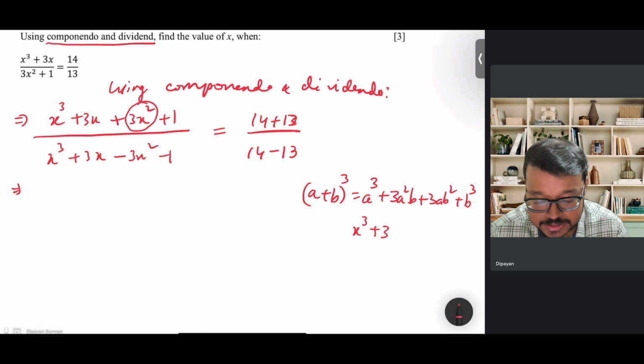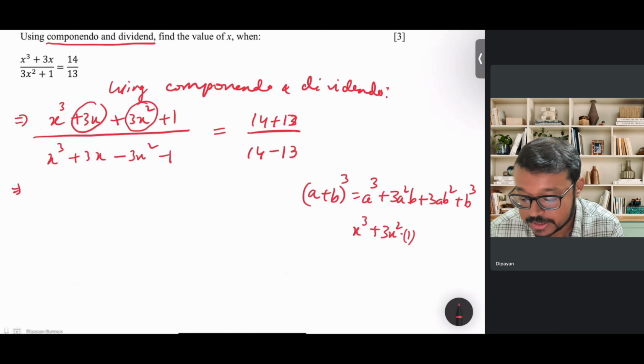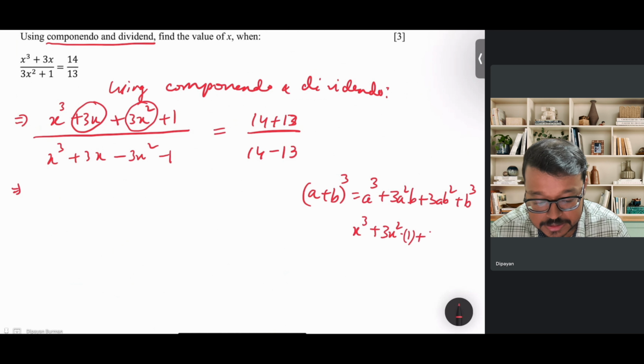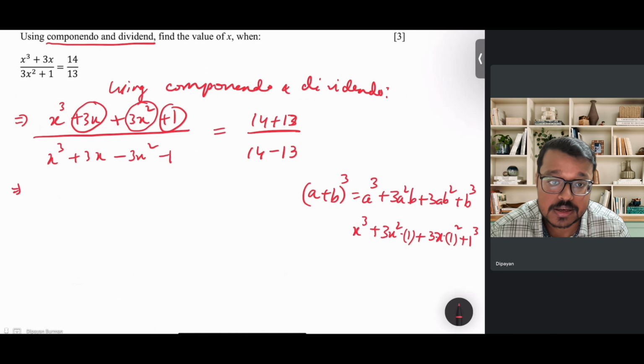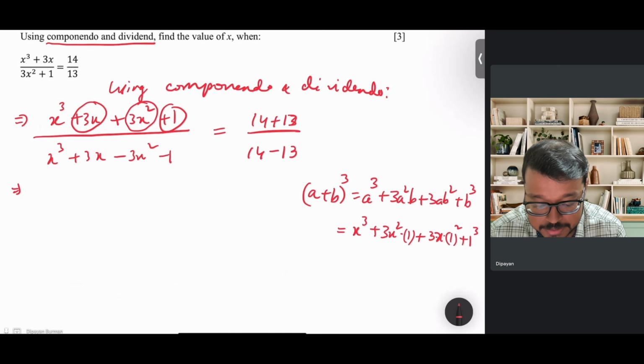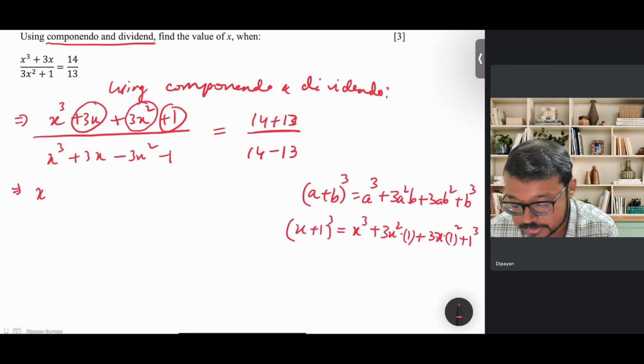So this is 3x square into 1, I can assume, and the plus 3x is same as plus 3 into x into 1 square, plus this constant 1 is same as 1 cube. So if I compare the identity a plus b whole cube, this is same as x plus 1 whole cube. So the numerator becomes x plus 1 whole cube.